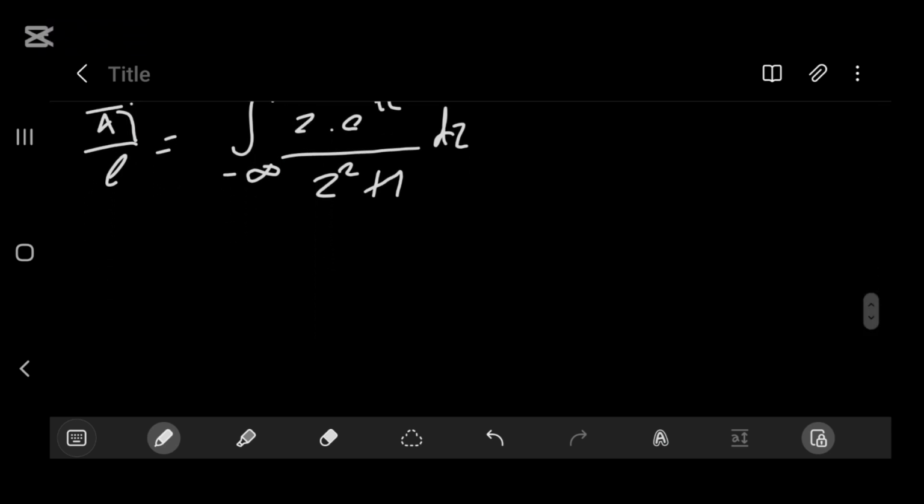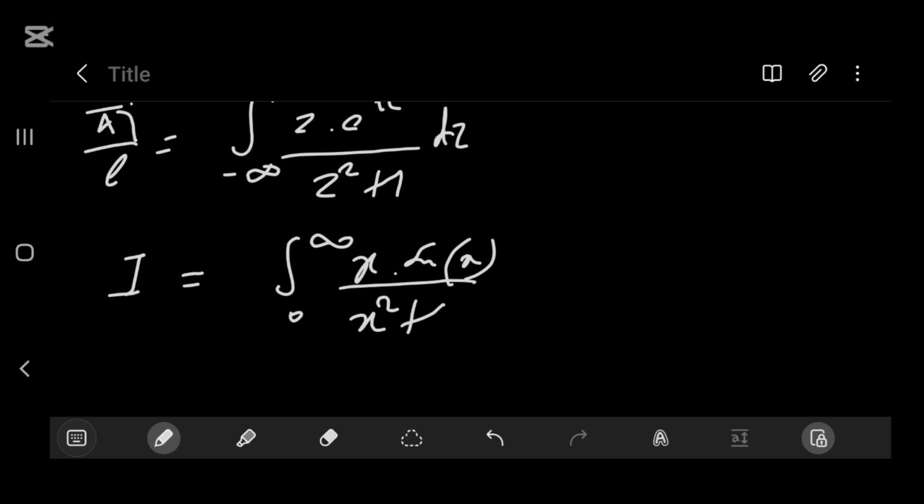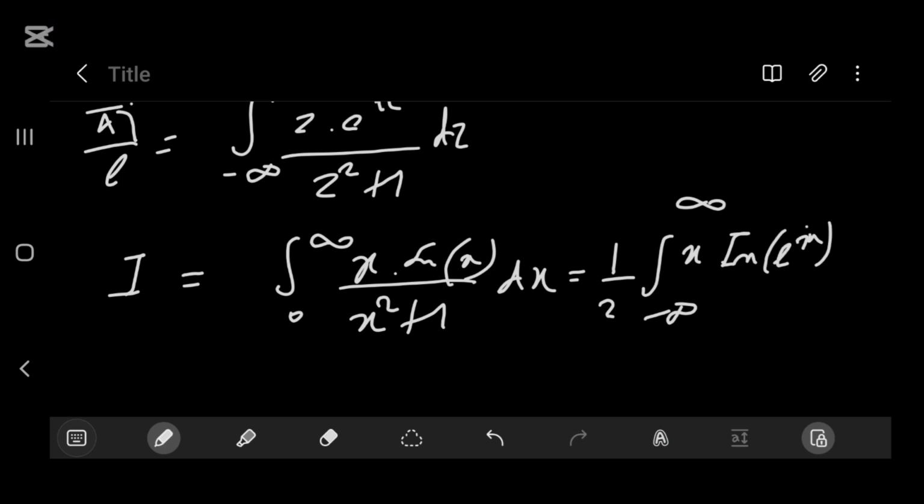The required integral is I equals the integral from 0 to infinity of x times sine x over x squared plus 1 dx, which we changed into half, integral from minus infinity to infinity of x times the imaginary part of e to the ix over x squared plus 1.